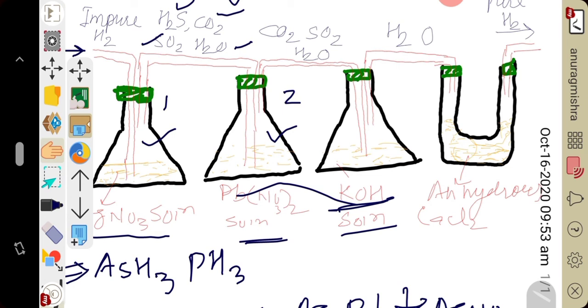This is how to remove impurity from hydrogen gas prepared by the laboratory method. I hope you understood how to remove impurity from the hydrogen gas.